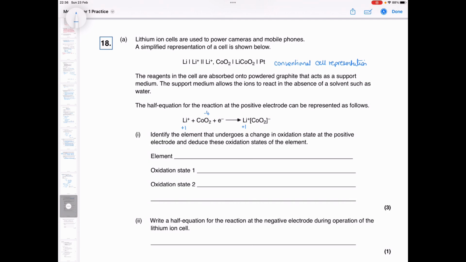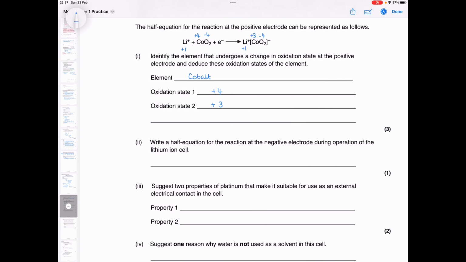So that's -4, meaning the cobalt is +4 on the left hand side. And on the right hand side, the oxygens are -4, but there's a negative charge overall, meaning the cobalt is in its +3 oxidation state. So the element that changes oxidation state is cobalt. Oxidation state 1, which is on the left hand side, is +4, and oxidation state 2 on the right hand side is +3. So the cobalt has been reduced.